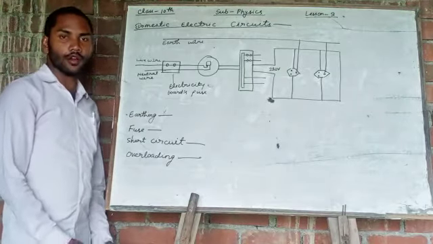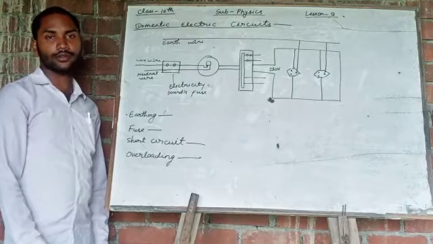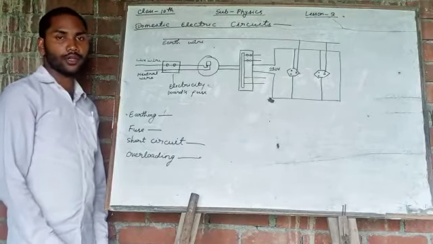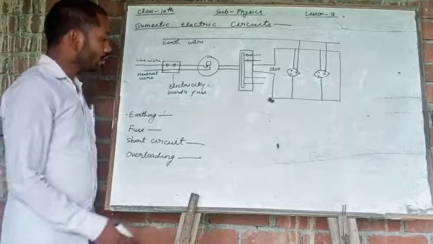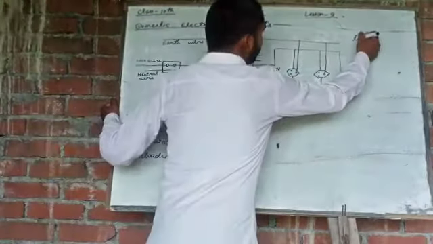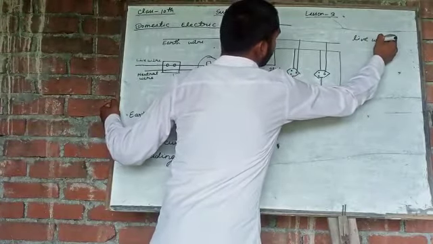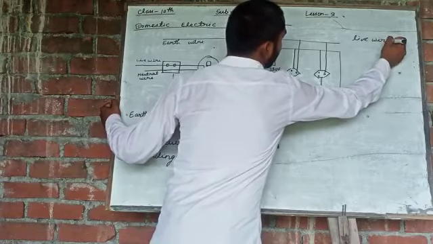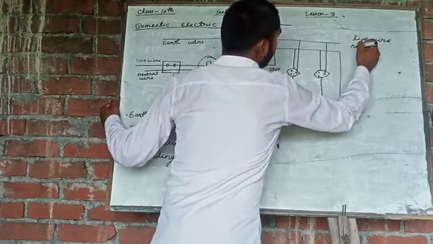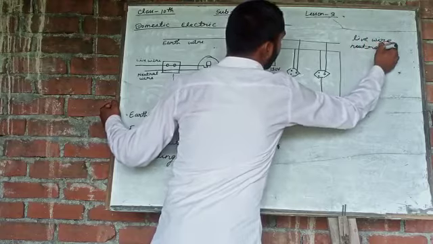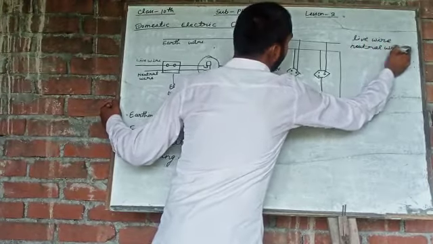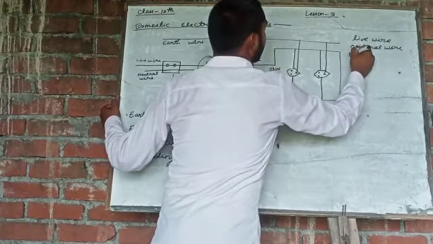In our domestic electric circuits, there are three types of wire: live wire, neutral wire, and earth wire.